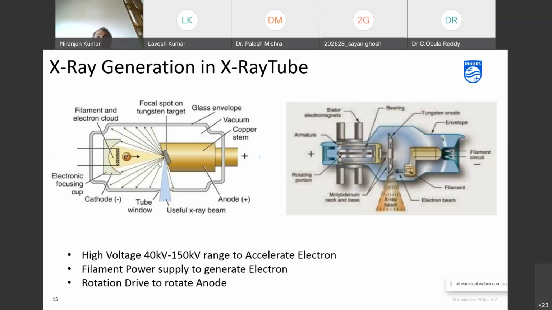So whenever we make an X-ray tube, we first process it so that all the gas which can create problems is removed, and second, we remove the gas to such a level that it is almost near vacuum. The reason is that the electron has to move freely once it is generated.